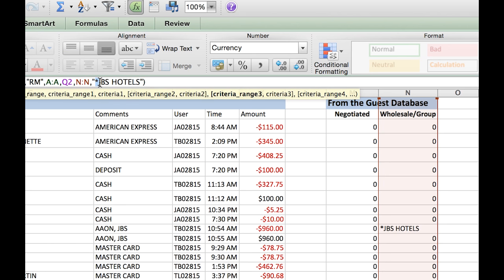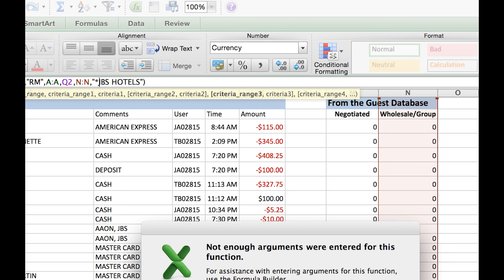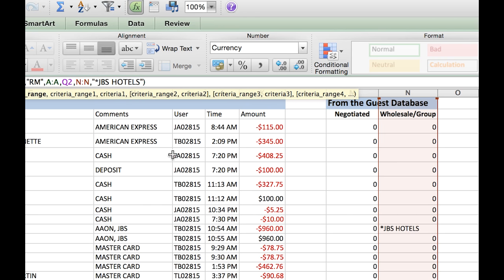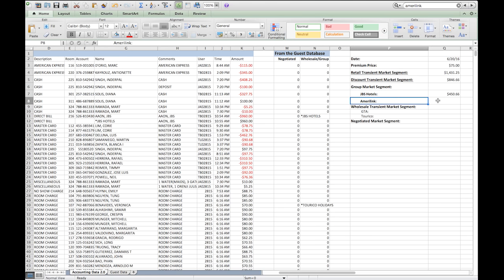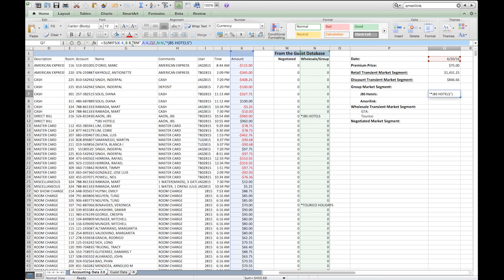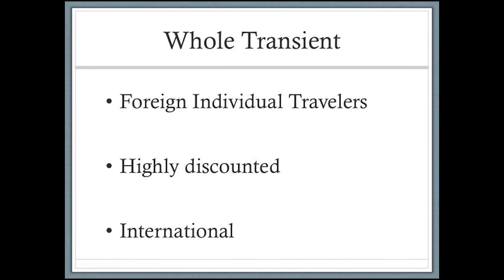Don't forget there's a little star symbol before the word, and don't forget the quotation marks around it. I also suggest creating two different formulas, one for JBS and one for Marilink, and then you can just add them up to determine the revenue earned from the segment as a whole.